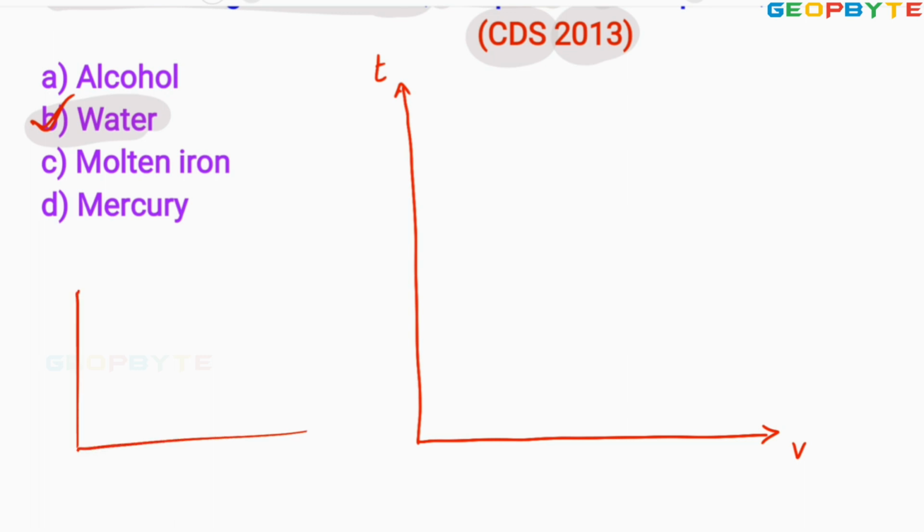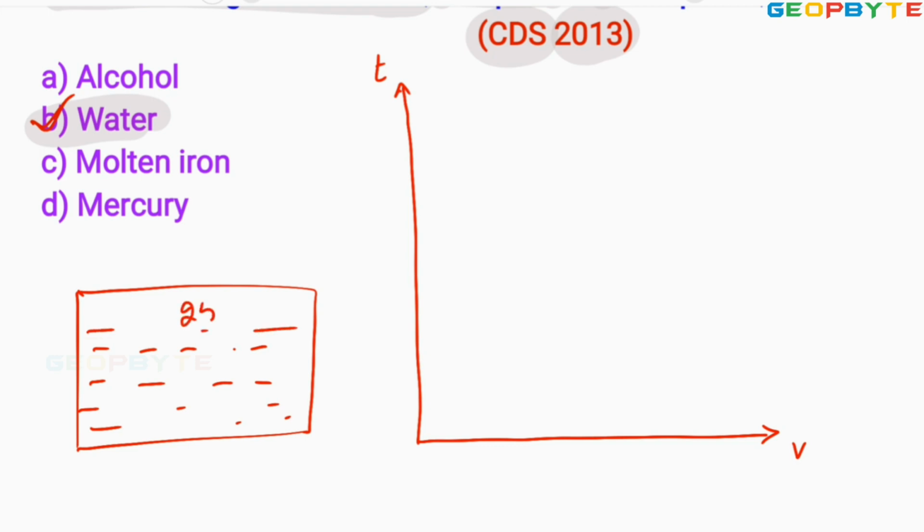It is like this. If I take the temperature versus volume coordinate system, let us take the water in a container. This is the water. That water may be maintaining some 25 degrees centigrade. So the temperature of the water is 25 degrees centigrade.